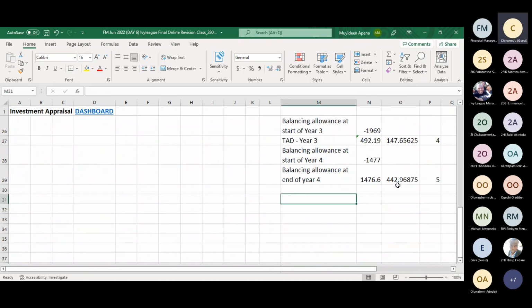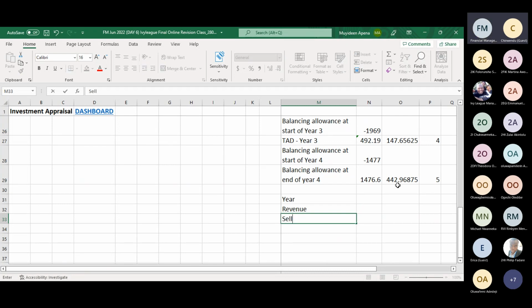So where we say year, revenue, selling cost, and then we have variable cost. And what else? Taxable profit, or cash flow. Then we'll charge taxes, and then we'll bring in tax benefits on TAD.